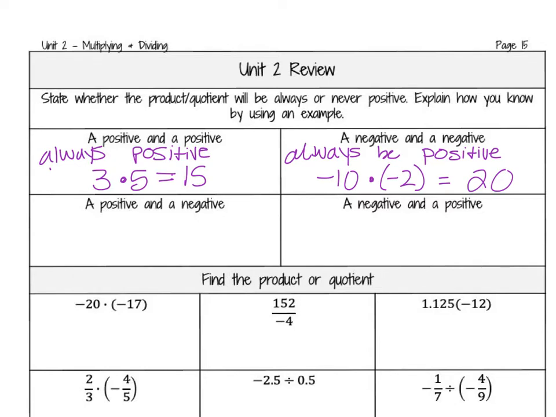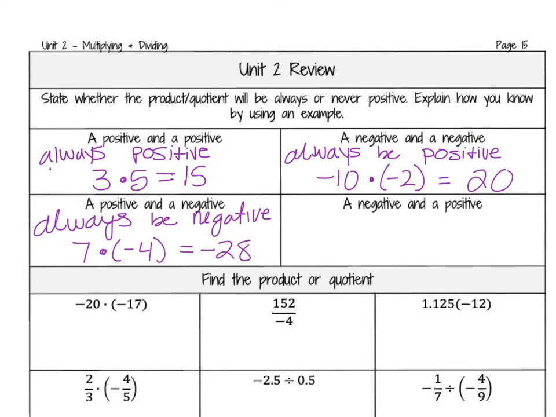Okay, a positive and a negative, those are different signs, and the answer will always be negative. So like 7 times negative 4 is negative 28. Different signs will be negative.